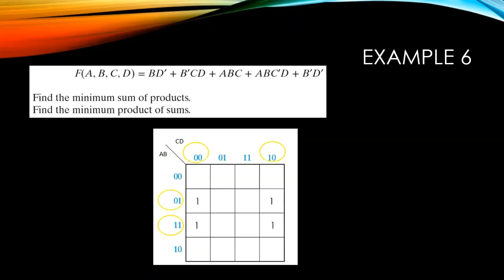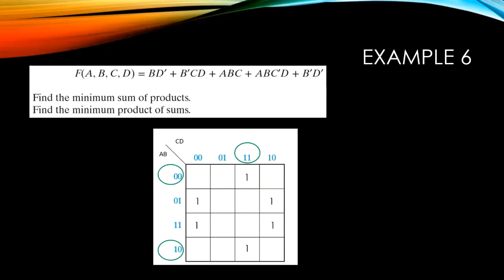And for B not CD, we have a missing variable, which is A, so we could derive 2 min terms from B not CD. Just look for B equal to 0 and CD equal to 1. The intersection of it is the cell wherein we're going to write 1 for B not CD.